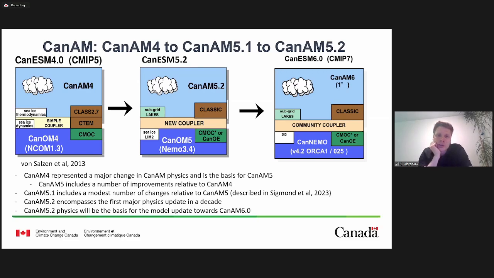But now we went towards CanESM5.2, which has a real update to some major physics parameterizations within the atmospheric model. It will be the basis of CanESM6, which will be our CMIP7 model, hopefully. Neil is going to talk about this later in the session, and I encourage you to stay around for that.